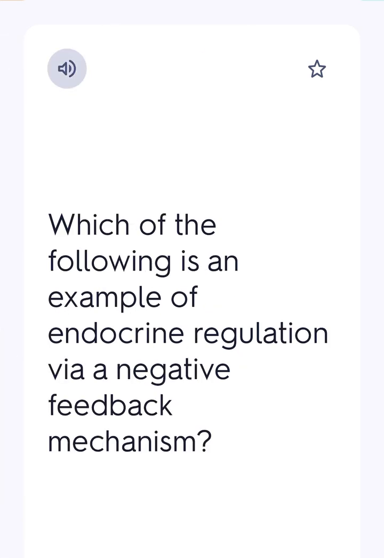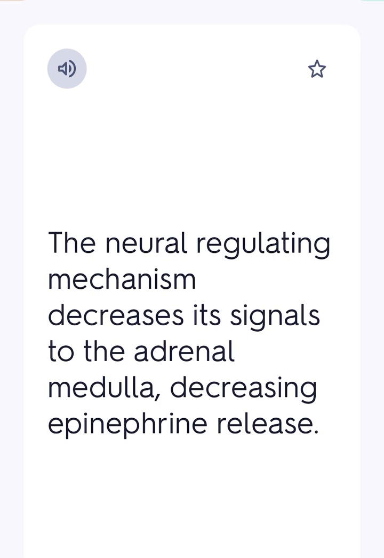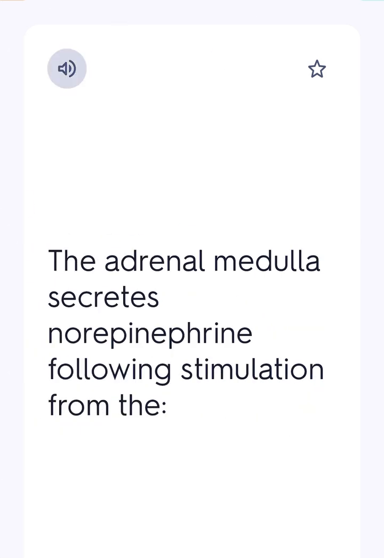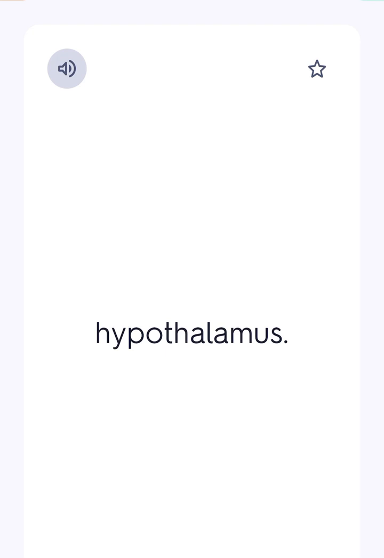Which of the following is an example of endocrine regulation via a negative feedback mechanism? The neural regulating mechanism decreases its signals to the adrenal medulla, decreasing epinephrine release. The adrenal medulla secretes norepinephrine following stimulation from the hypothalamus.